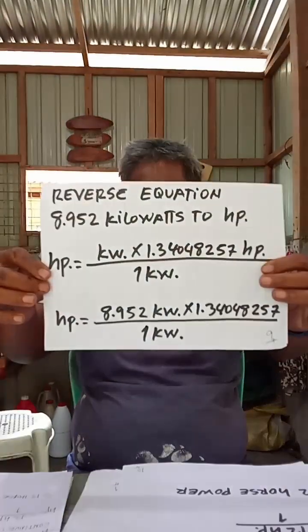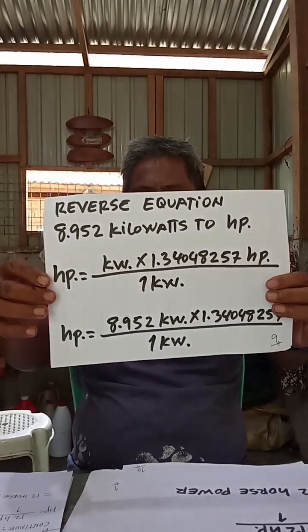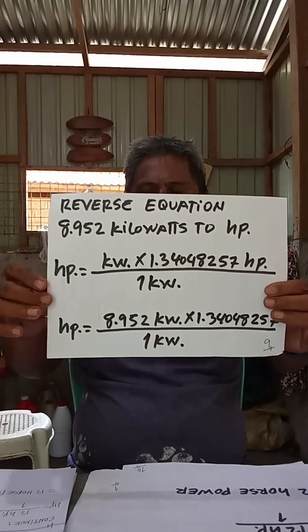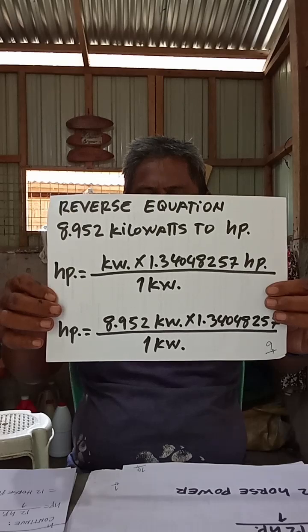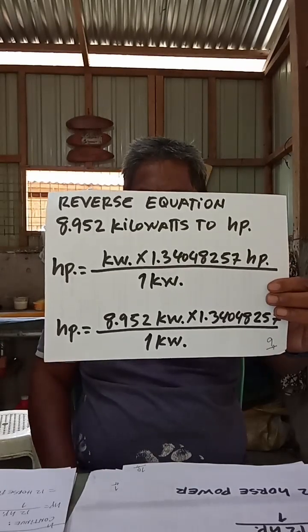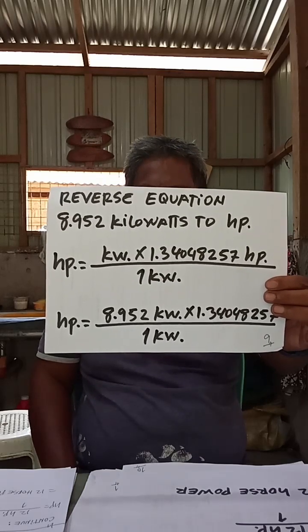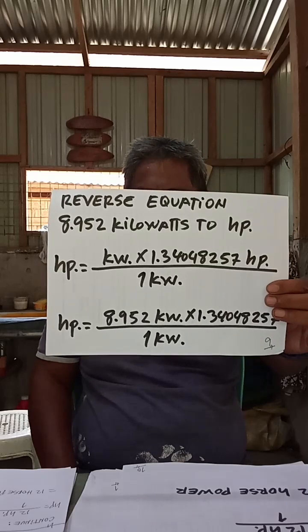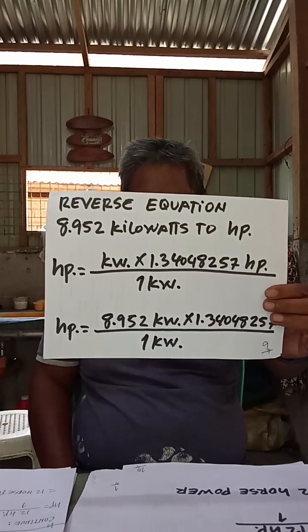So, reverse tayo. Reverse equation for checking. 8.952 kilowatts convert to horsepower. To find horsepower is kilowatt times 1.340482574 horsepower over 1 kilowatt. So baba, horsepower, 8.952 kilowatt times 1.340482574 horsepower over 1 kilowatt.